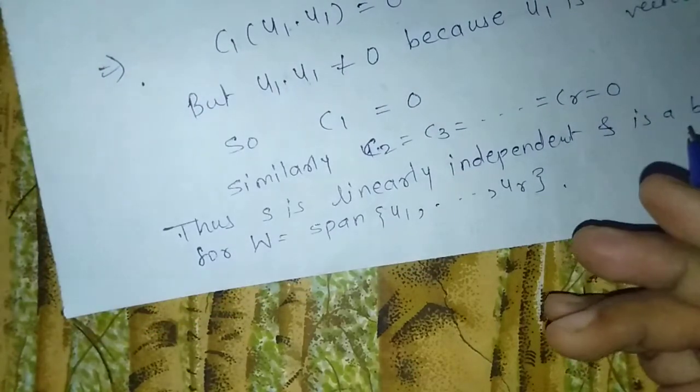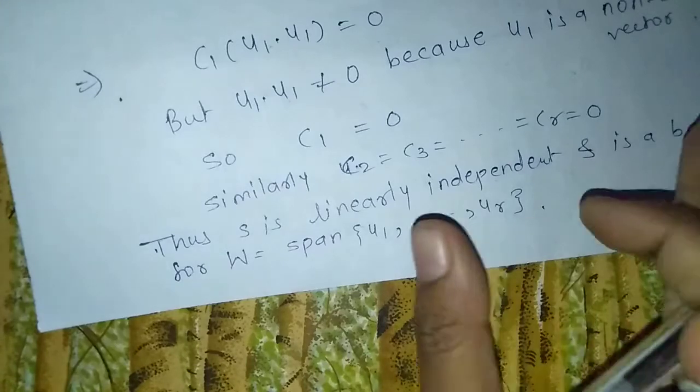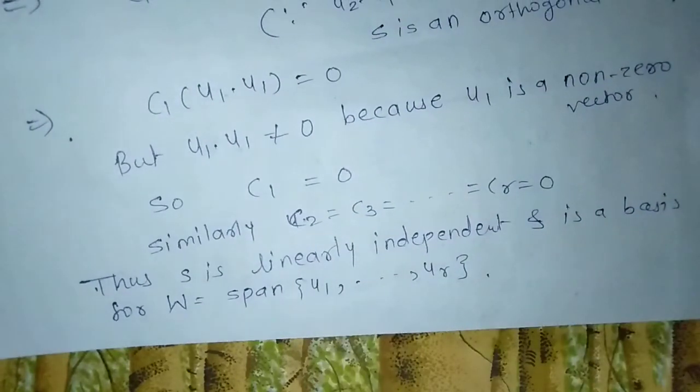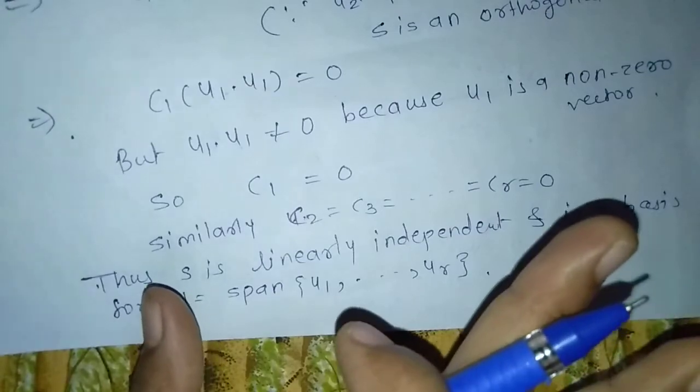Here note, the basis U1 and so on UR is an orthogonal basis for a subspace W of Rn, which is an orthogonal set. So we have obtained a new type of basis, an orthogonal basis for a subspace W of Rn, than the other bases. So this is nothing but the orthogonal basis.